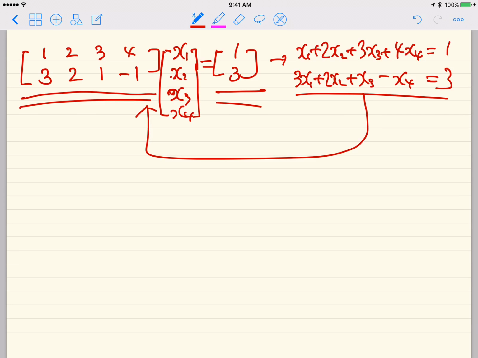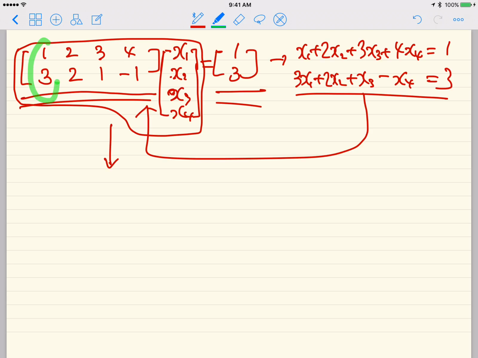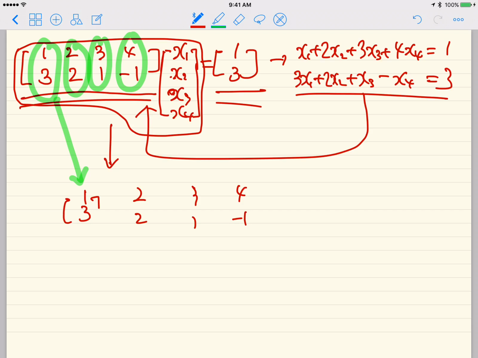right? And then what was a vector equation? Changing this guy into the linear combination of vectors. So 1, 3, 2, 2, 3, 1, 4, minus 1.